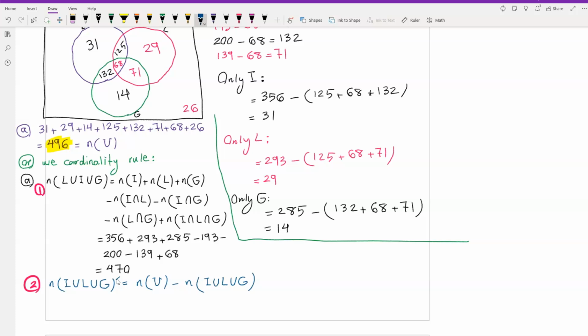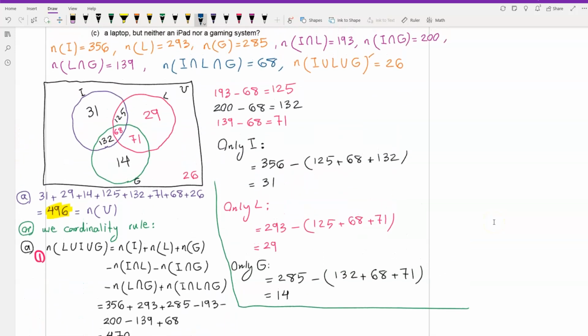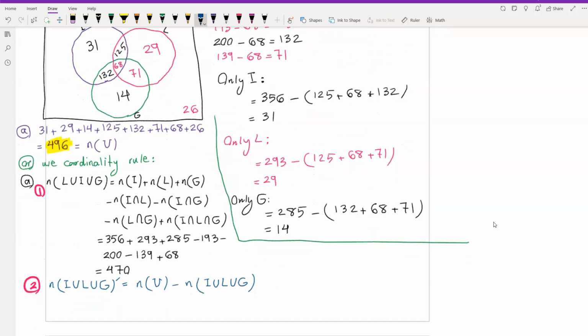So in this part, this one was given. We have 26 outside of these three devices. So 26 equals the total number of elements in the universal set minus step 1, 470.